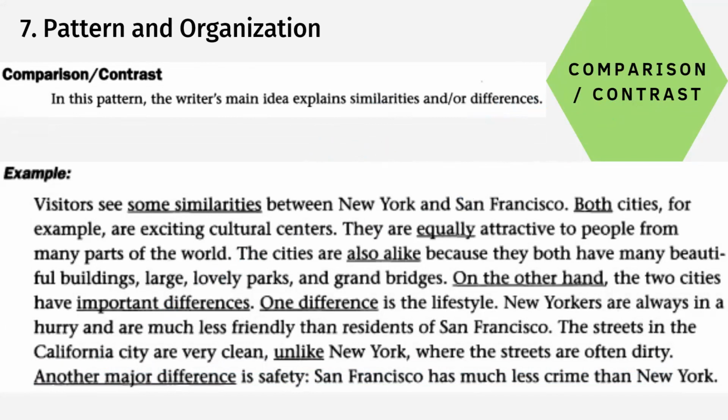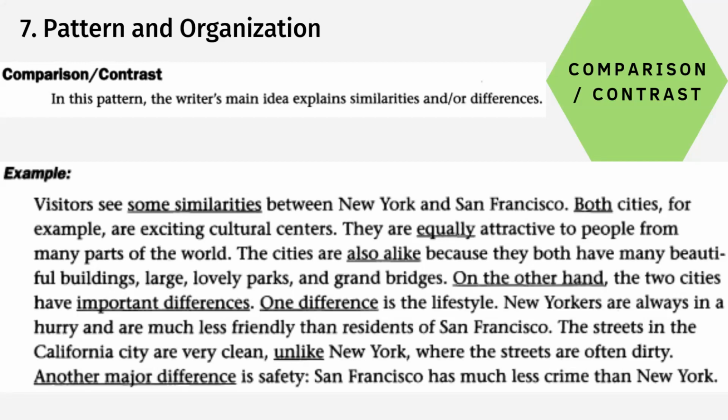Visitors see some similarities between New York and San Francisco. Both cities, for example, are exciting cultural centers. They are equally attractive to people from many parts of the world. The cities are also alike because they both have many beautiful buildings, large, lovely parks, and grand bridges. On the other hand, the two cities have important differences.